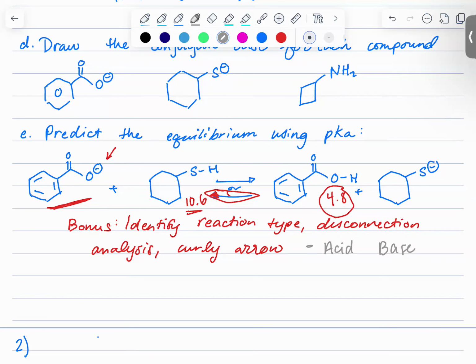So you can use your pKa chart to help with that sometimes. So like a protonated ketone will have a very obvious proton. Some of the other ones won't have as obvious a proton.